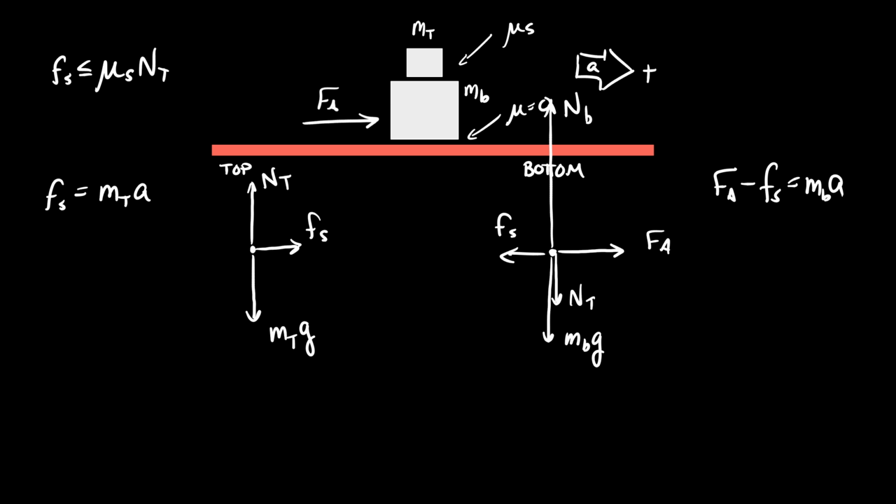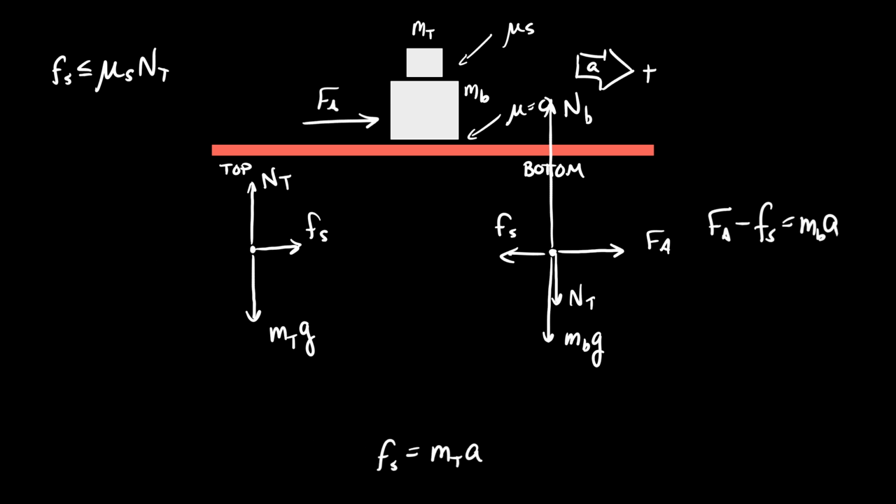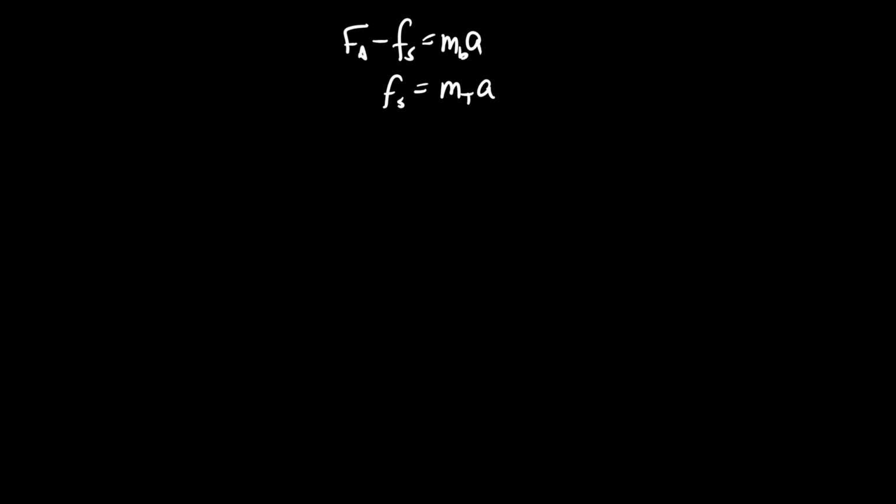Now, there is this obvious thing that I hope is about to show up that you were expecting. If I add these together, we get the acceleration. This has to be the acceleration of the system. Right? You see what I'm saying?